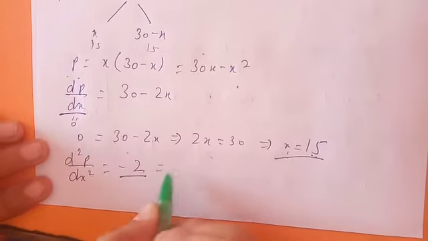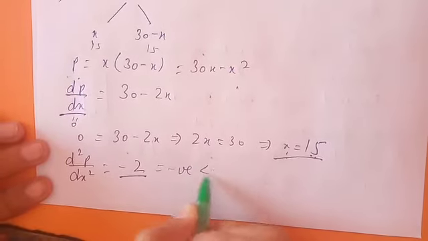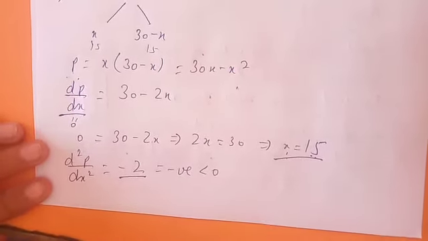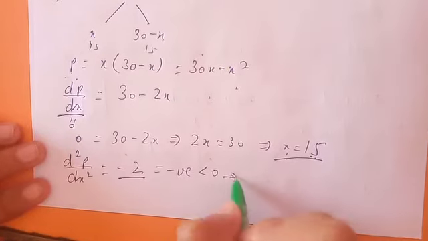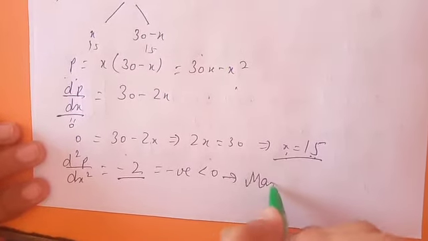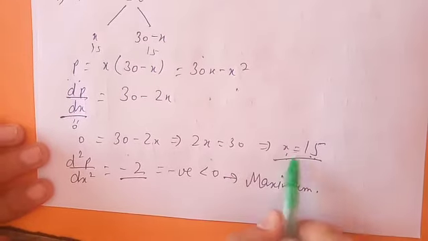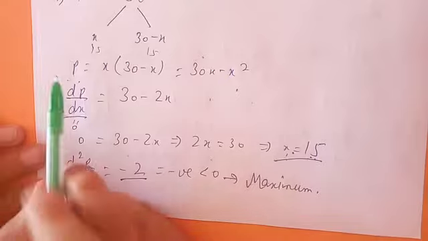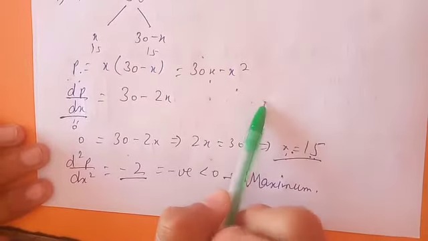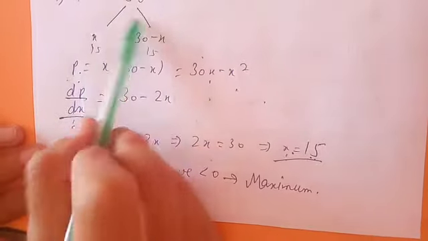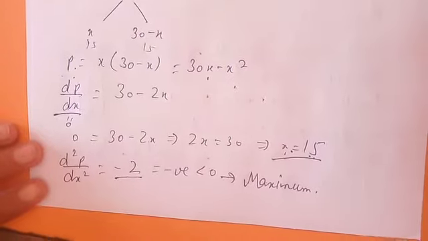If it is minus 2, it is negative. Negative means less than 0. And if our second derivative is less than 0, then we have a maximum at that point. So at x equal to 15, the product we get will be maximum, when we are dividing 30 into 2 parts.